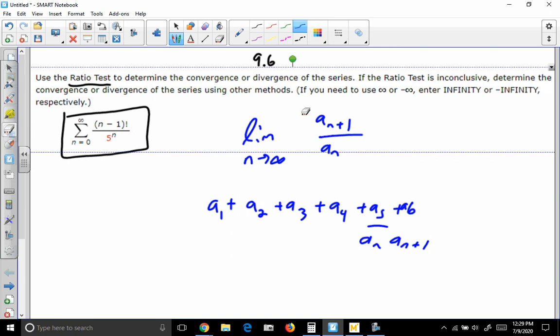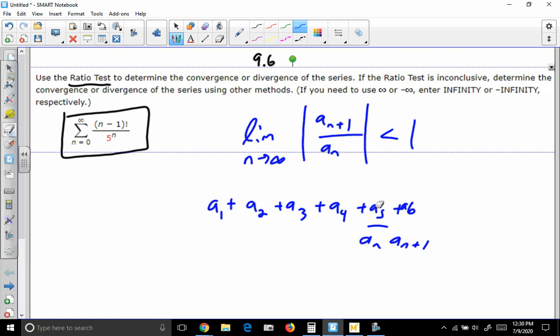So if we take the absolute value of that, that just makes sure that it's positive, then this can converge if we're getting smaller and smaller and smaller, and eventually getting closer and closer to 0. Well, how is that going to happen? If these are getting smaller and smaller and smaller, then this one is going to be smaller than that one. Well, if we divide things, if the top is smaller than the bottom, then that ratio is less than 1.